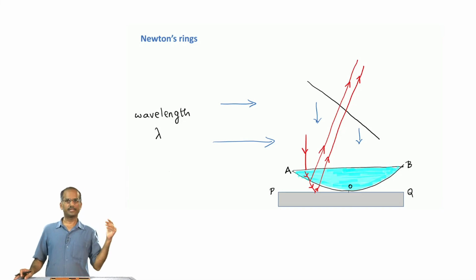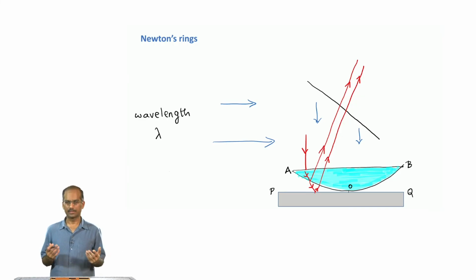From the left side, let us say I have a source of light of wavelength lambda, which comes and hits a partially silvered mirror. It allows a partial transmission which just goes through and we do not worry about it, and part of it is reflected into this plano-convex lens that I have.